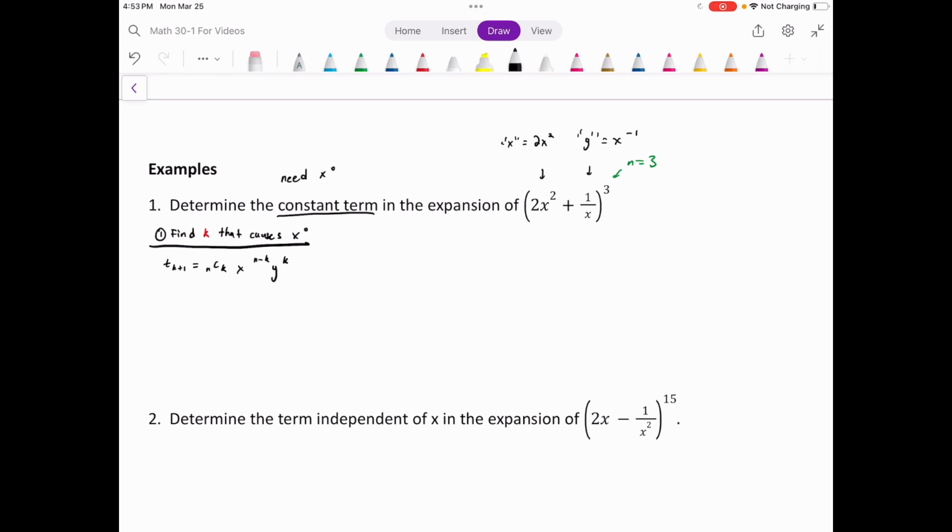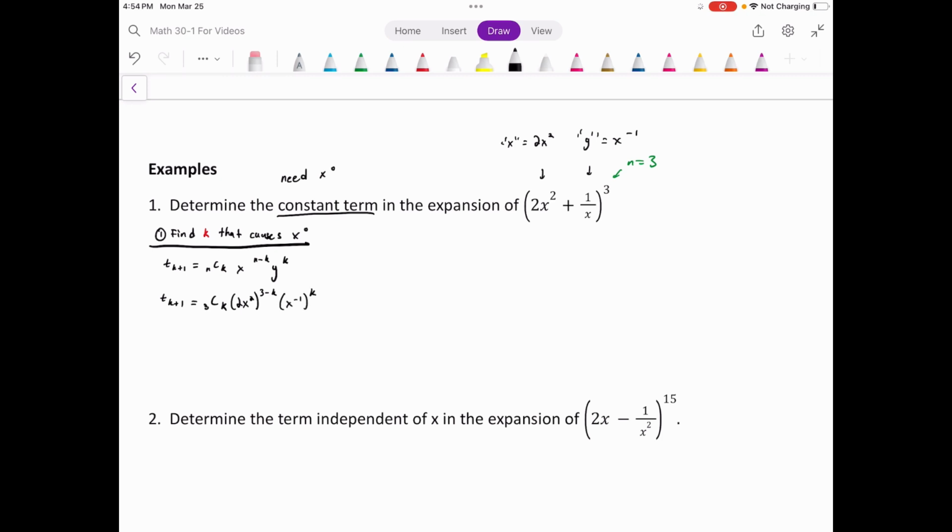Y to the k, right? So again, for us here though, we can put it all in if we want. t sub k plus 1 is just going to be, n is 3. We don't know what k is, so I'll leave it as an unknown. Our x is 2x squared to the 3 minus k, and our y is x to the negative 1 to the k, right?